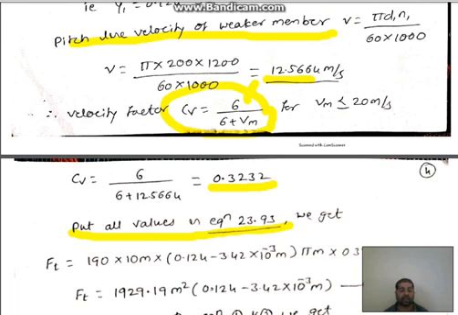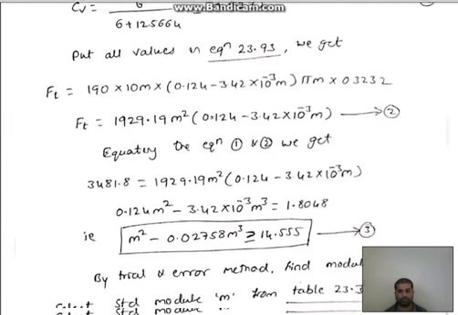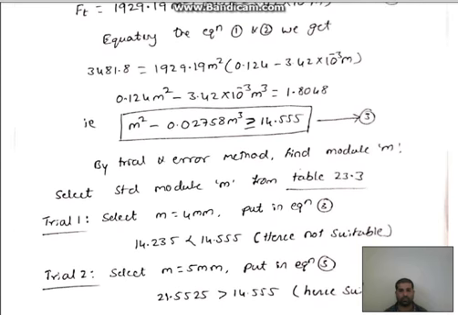Now the value of Ft is in terms of moduli. That is the equation number 2. Now equate the equation number 1 and 2. We get the equation number 3 in terms of moduli.